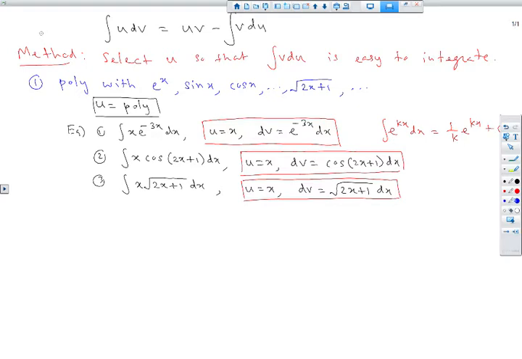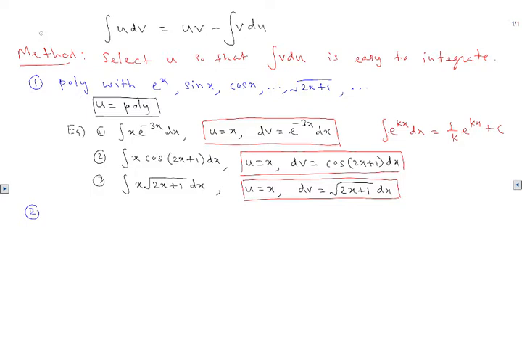Let's call that the first class. Let's go to the second class. We can have polynomials with some ln functions, or inverse trig functions like inverse sine, inverse cosine, or inverse tangent, or any other inverse functions.